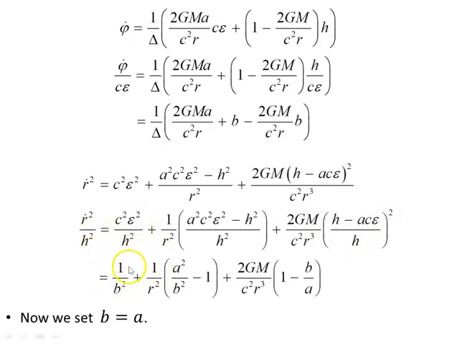This gives us 1 over b squared, as shown in the last video. Remember, b is h over c times epsilon. You take the reciprocal, you end up with c squared epsilon squared over h squared. You have 1 over r squared, and here you have a squared, again, c squared on h squared is 1 over b squared. h squared over h squared is 1. Over here, h over h is 1. a c epsilon over h is b over a.